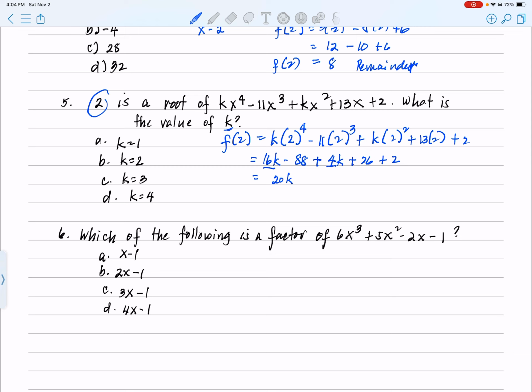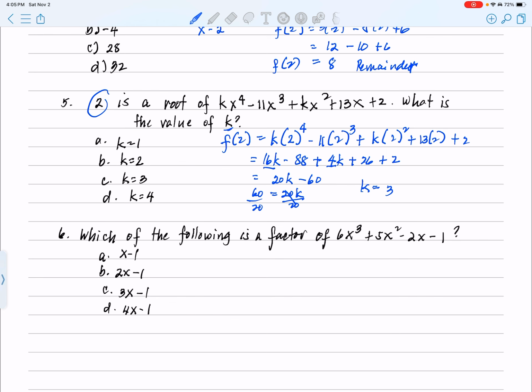Negative 88 plus 26 plus 2 is negative 60. If we move 60 to the left to make it positive and divide by 20, k equals 60 divided by 20, that is 3.